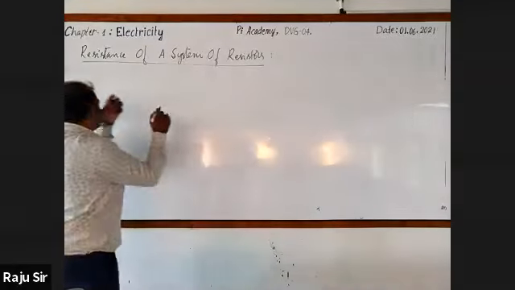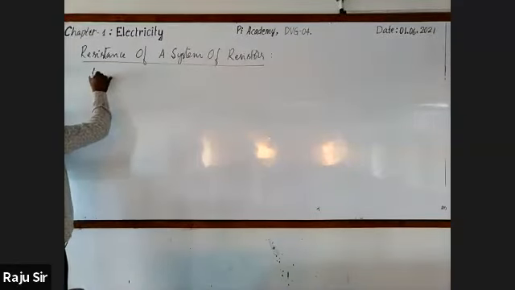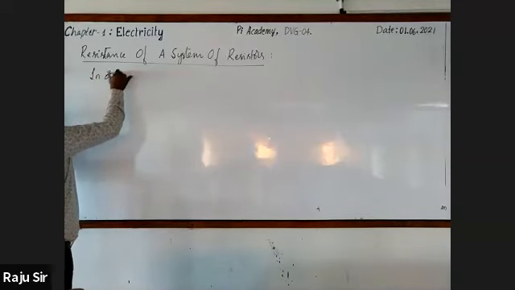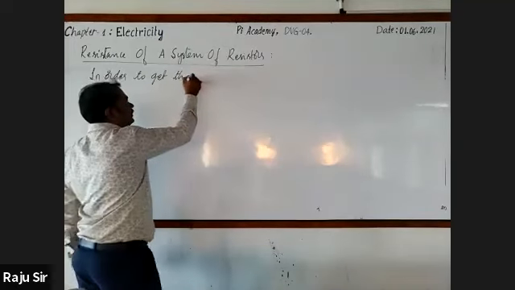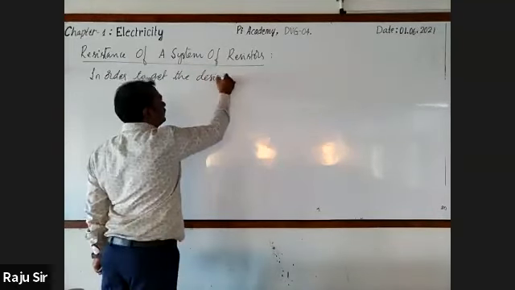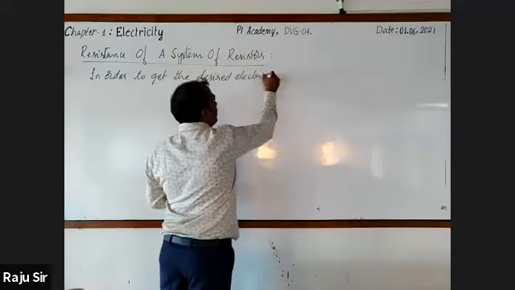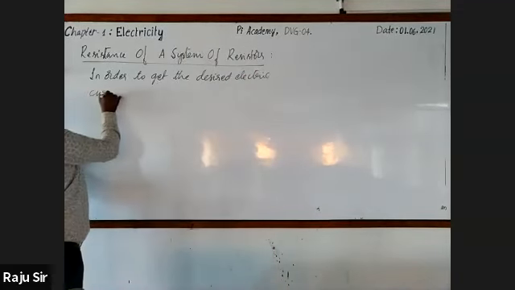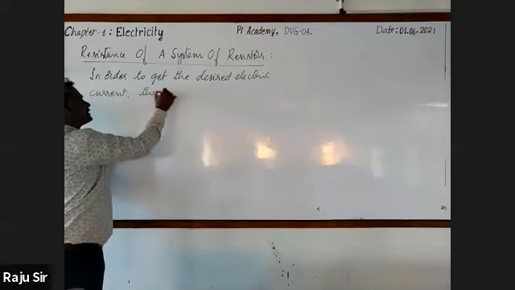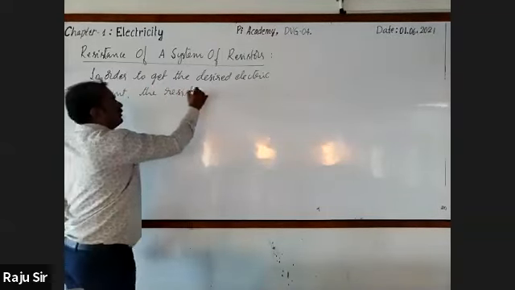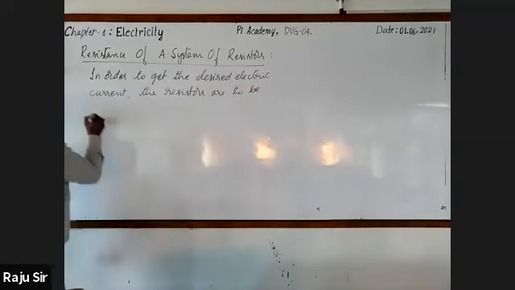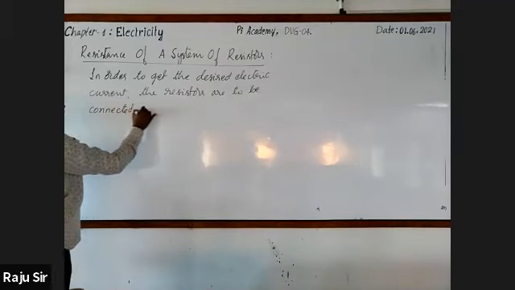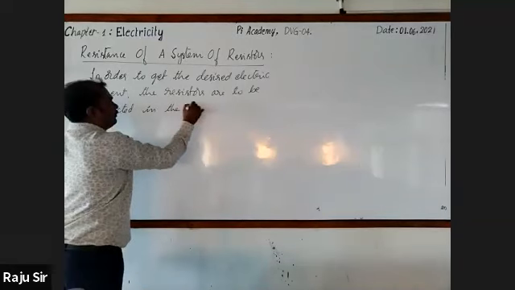Write a sentence: in order to get the desired electric current, the resistors are to be connected in the following ways.